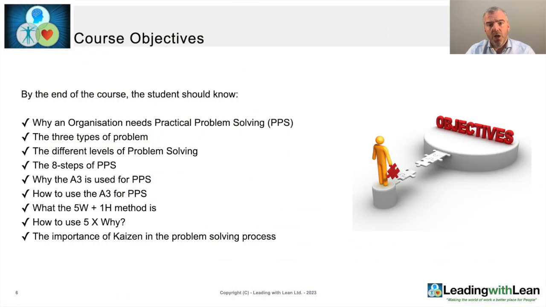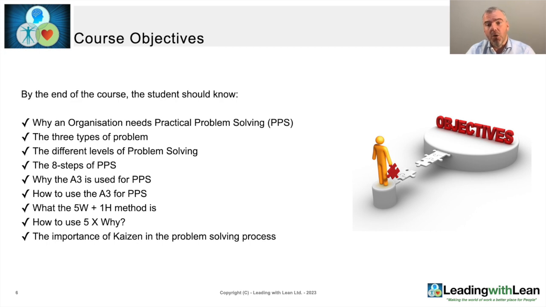So if we look at the course objectives, by the end of the course, we would expect that you understand why an organisation needs practical problem solving, what we call PPS, and you'll hear it referred to as PPS throughout the course, just to keep it simple and short and easy to keep using that term.